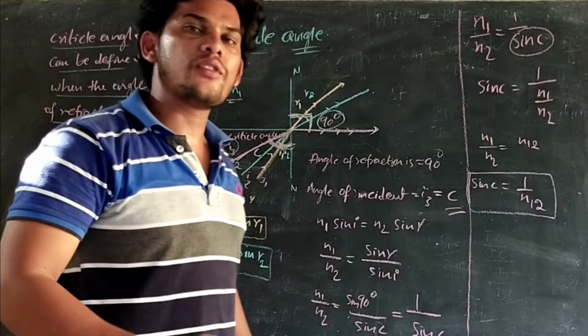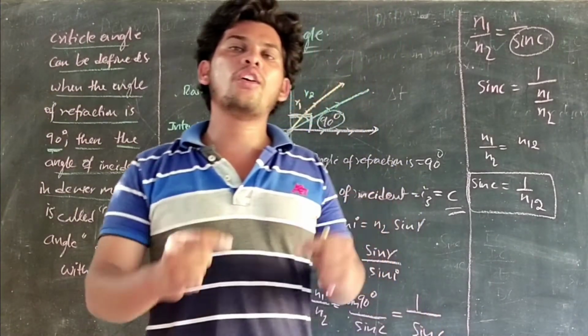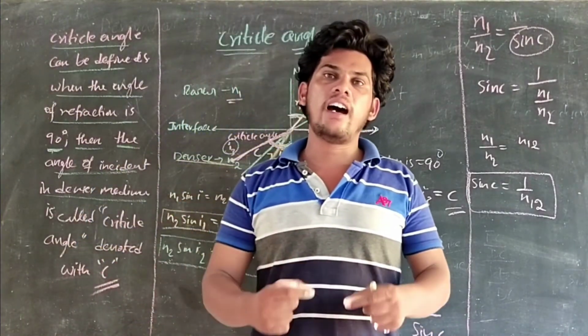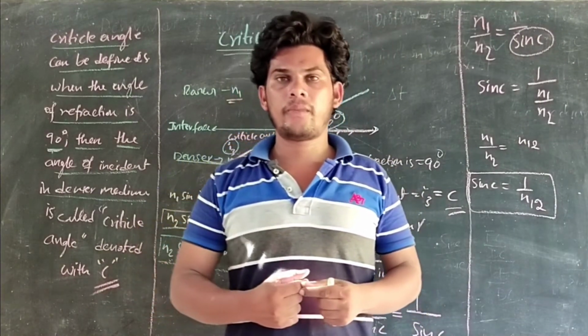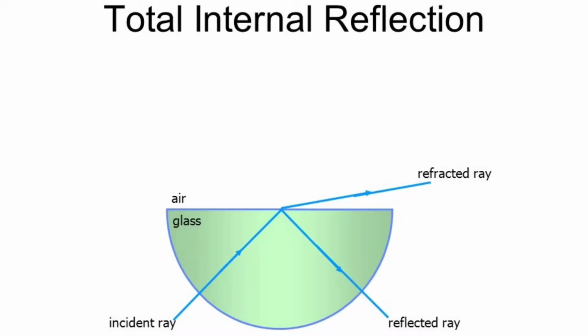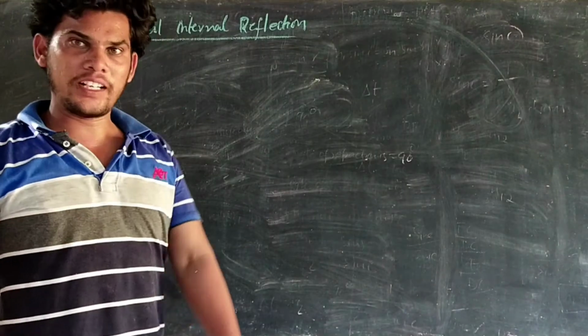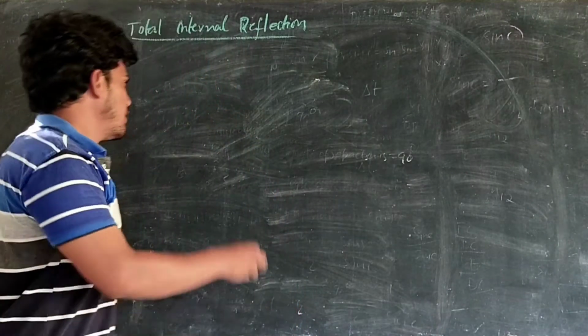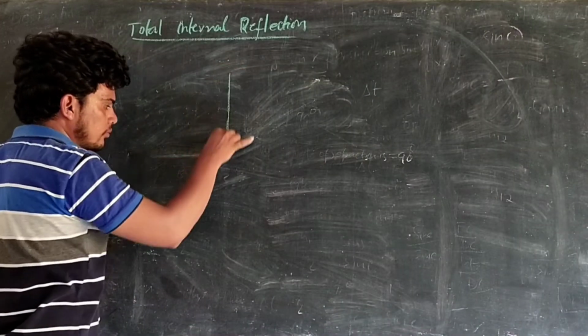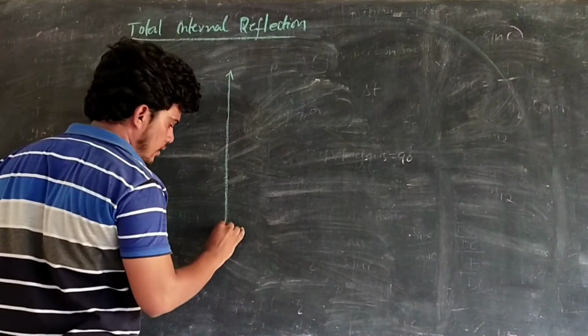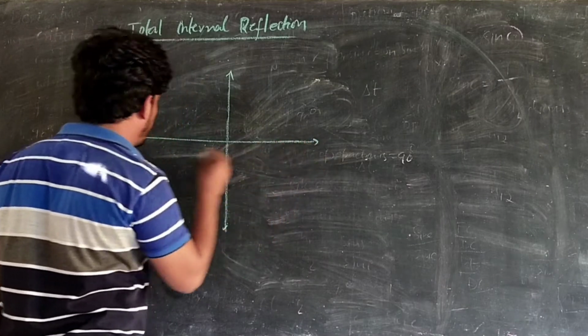Now we are going to learn about total internal reflection and its applications. The next concept is total internal reflection. As we discussed before, this is the normal line and this is the interface.